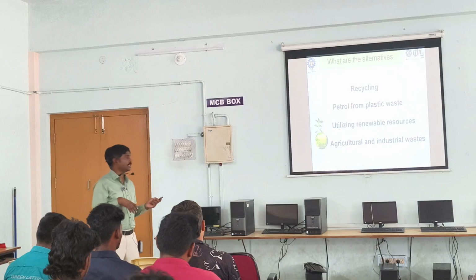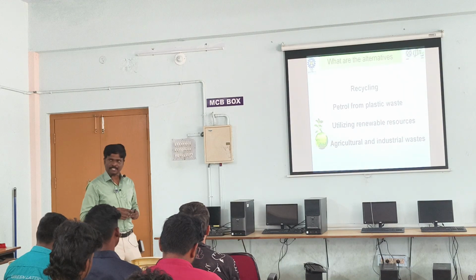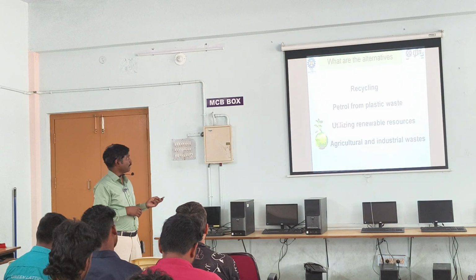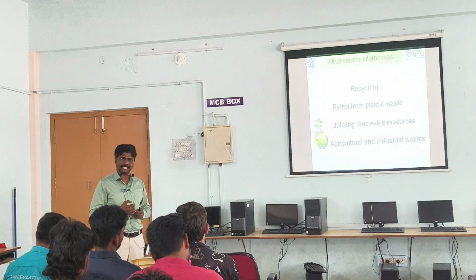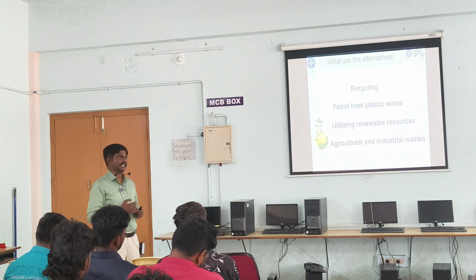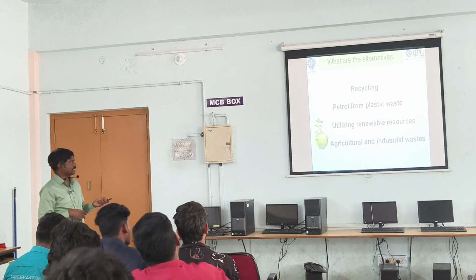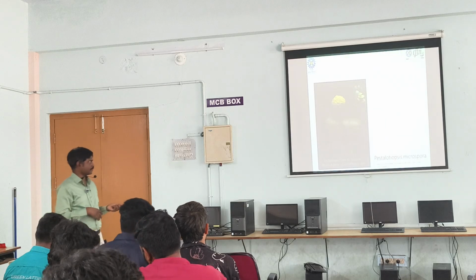Also they are making bricks from the plastic waste. They are making roof items with the plastic waste. But we spoil the nature by using synthetic plastic material. So again, nature is giving a solution: utilization of renewable resources from agriculture and food processing wastes.